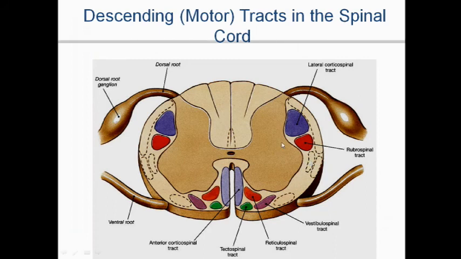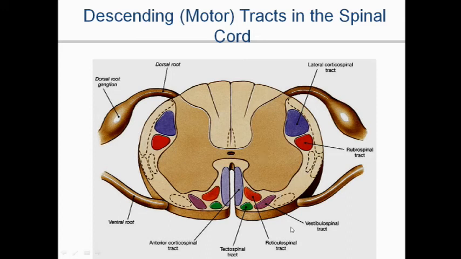Now in transverse section you can see the location of these descending tracts in the spinal cord. In blue or purple color on both sides you can see the lateral corticospinal tract, and on the ventral or anterior side you can see the anterior corticospinal tract on both sides. So the lateral corticospinal tract lies laterally in the white matter, and the anterior corticospinal tract lies anteriorly in the white matter of the spinal cord.